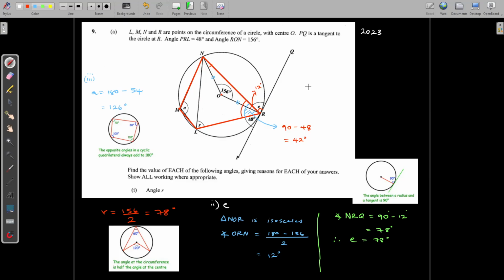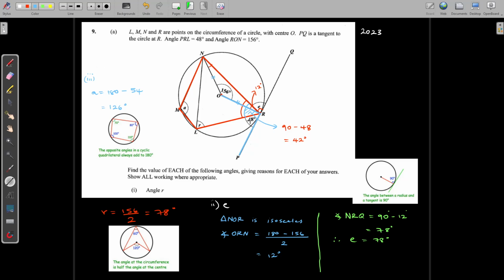We already knew that this little piece is 12 based on the isosceles triangle that we have here. To get the 42 degrees, we observe that we have another right angle from here to here. That's a right angle, the radius and the tangent, so it forms 90 degrees over this side.